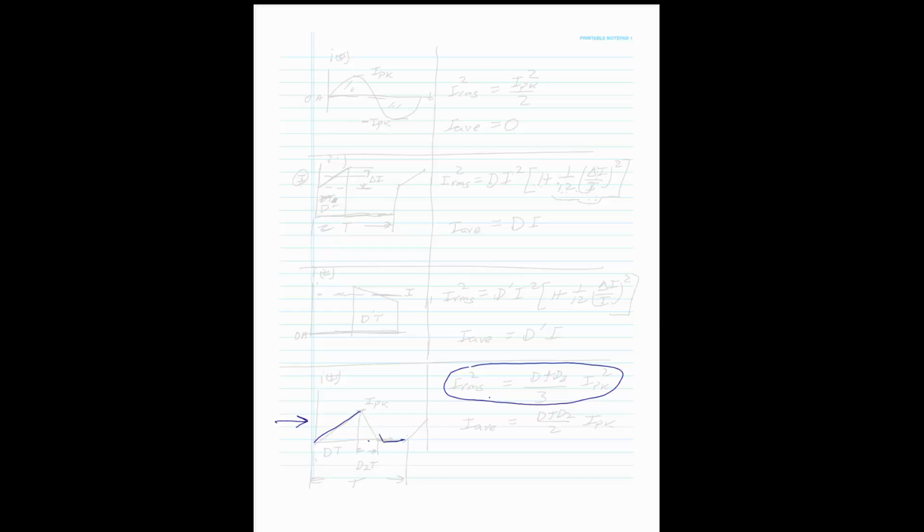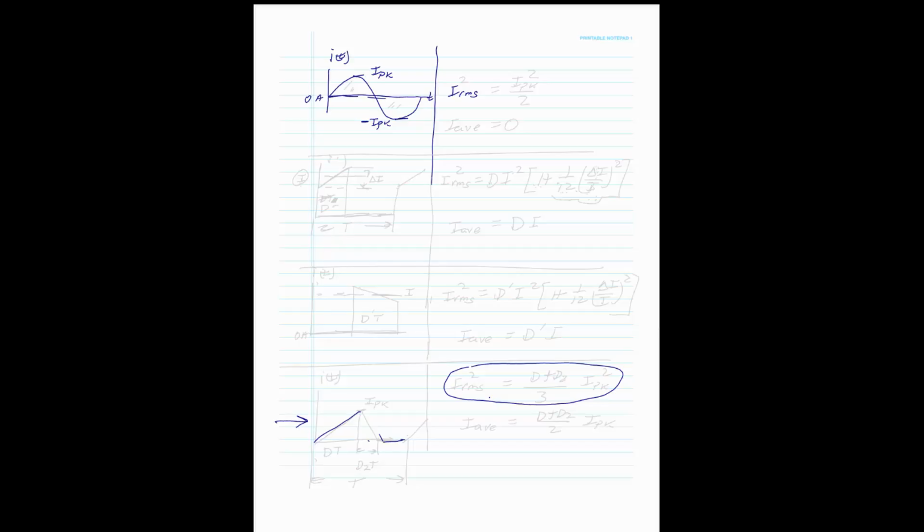Next, another common waveform I see is a sinusoidal current. And again, if this is I peak here, and of course this is minus I peak, symmetrical, and that's T, the waveform, and that's I of T. And that's 0 amps in the middle.